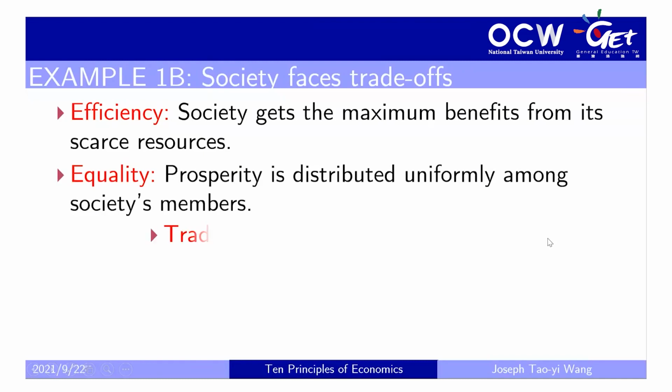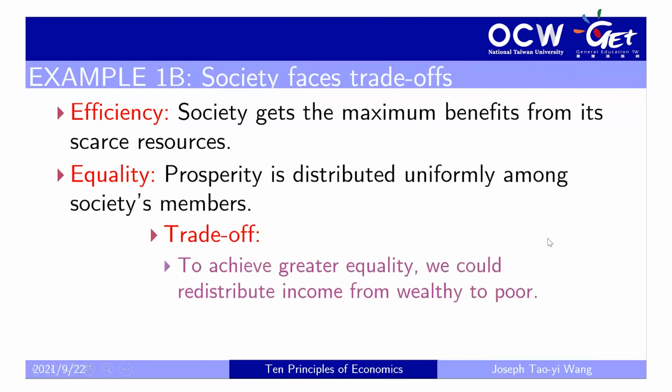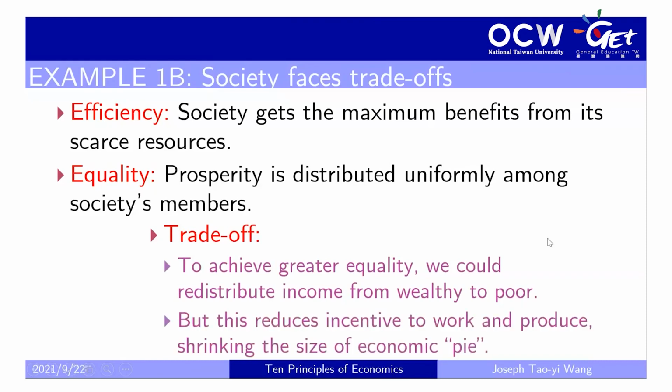That's a problem. But here's the trade-off. To achieve this equality, you need to redistribute income, but that could discourage people from working, because usually to achieve this, you tax the wealthy and subsidize the poor. But that means every dollar earned by the hardworking wealthy is taken away, and that reduces their incentives to work.